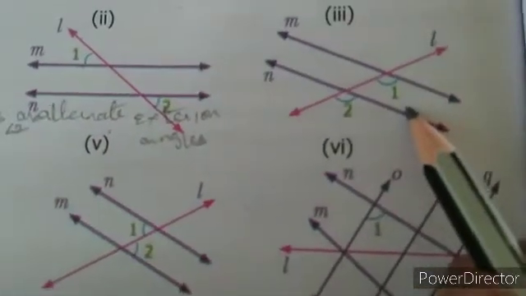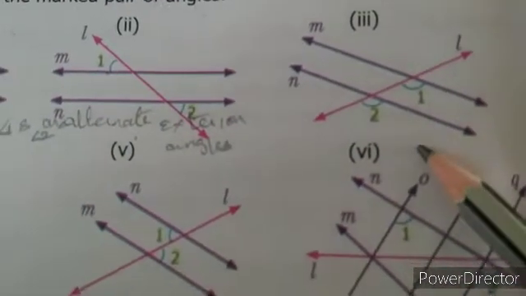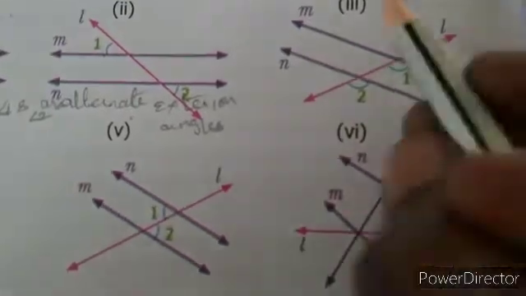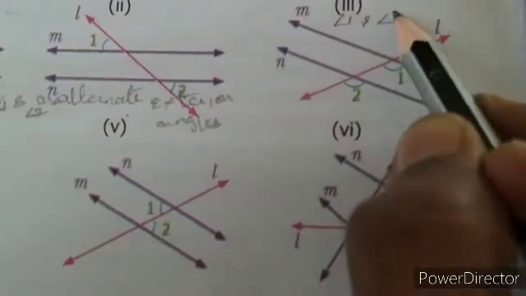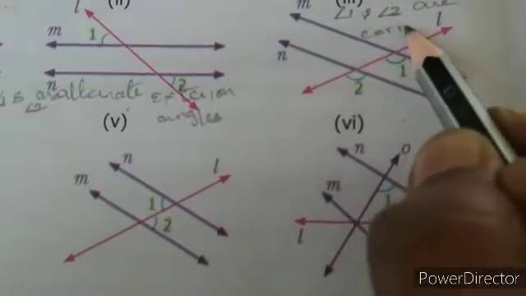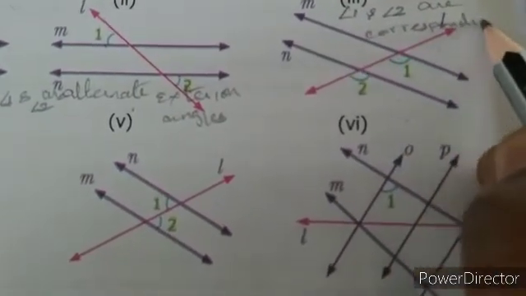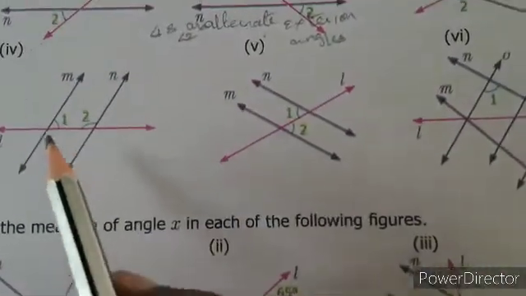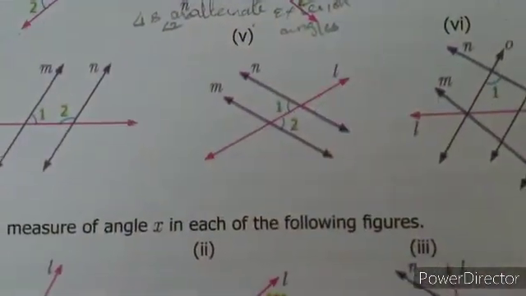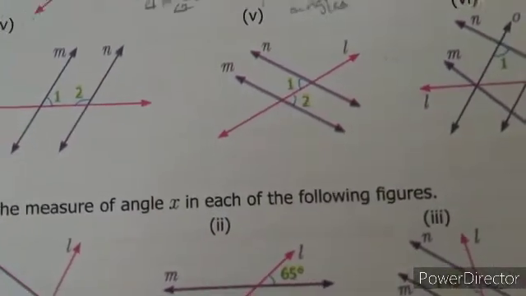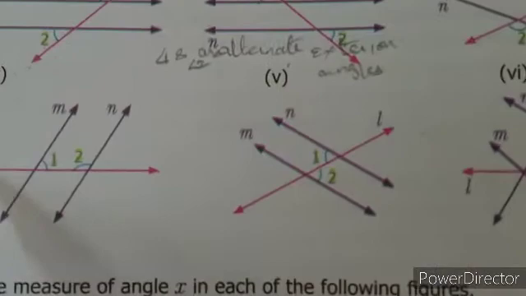Here, in the third subdivision, M and N are parallel lines, L is a transversal, and angle 1 and angle 2 are corresponding angles. Next one, subdivision 4. M and N are parallel lines and L is a transversal.